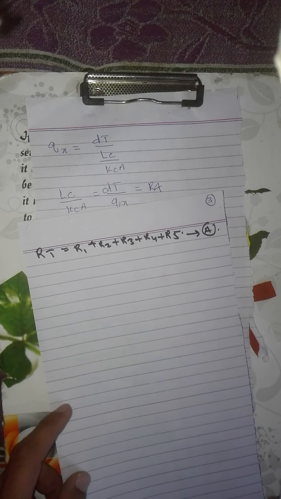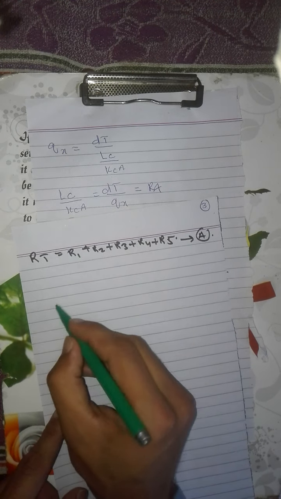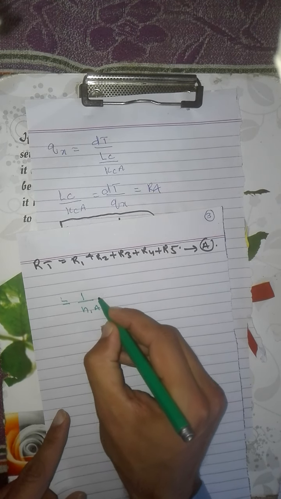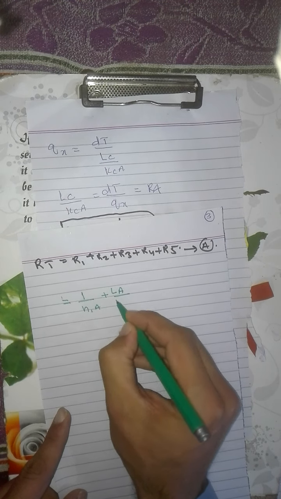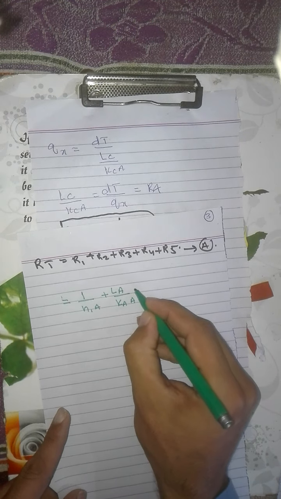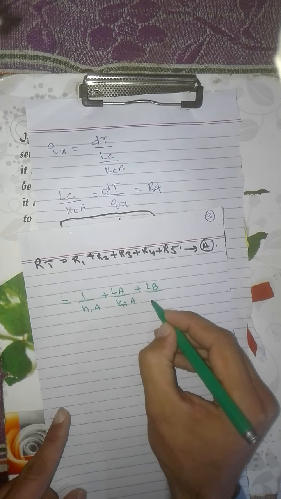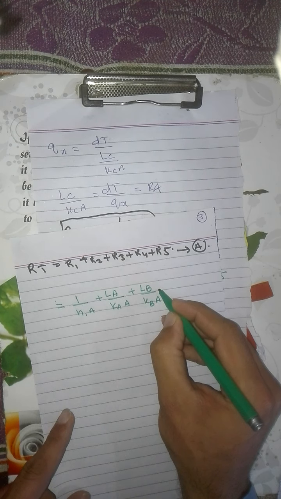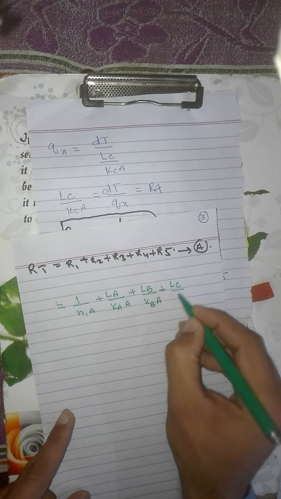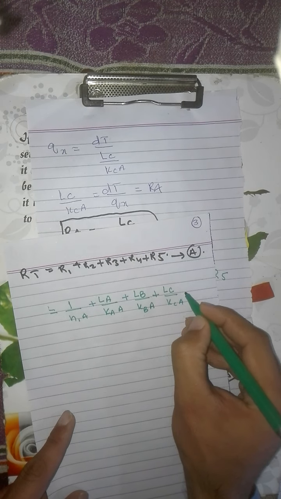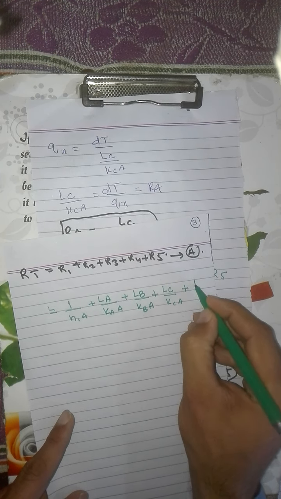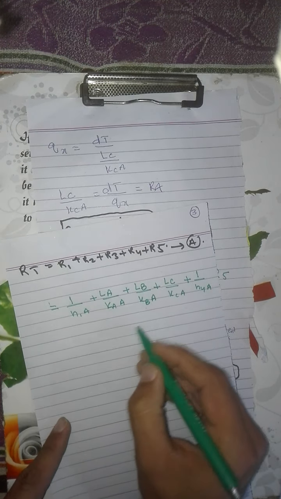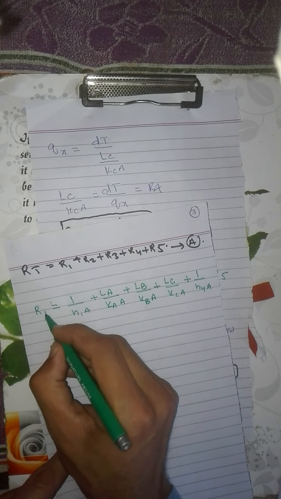So putting the values of these resistances, we get 1 over H1A plus LA divided by KA A plus LB, the length of wall B, divided by KB, the thermal conductivity of wall B, times A, the cross-sectional area of wall B, plus LC divided by KC A plus 1 over H4 A. So this is the total resistance.